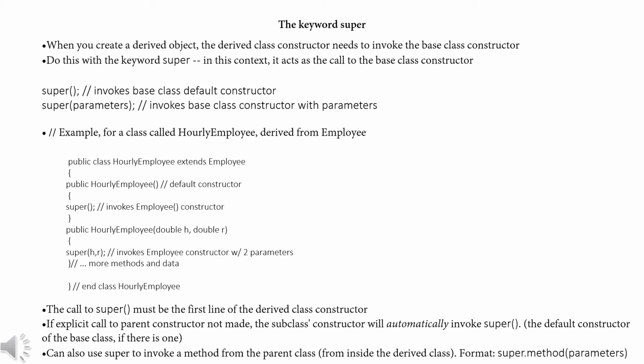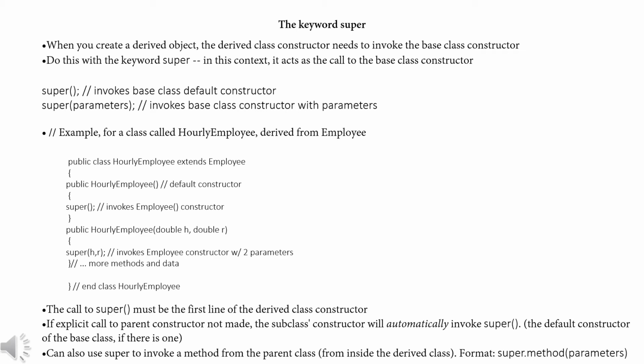So when you create a derived object, the derived class constructor needs to invoke the base class constructor. So that's the point, that's very important, and how the derived class constructor can invoke the base class constructor with the keyword super.